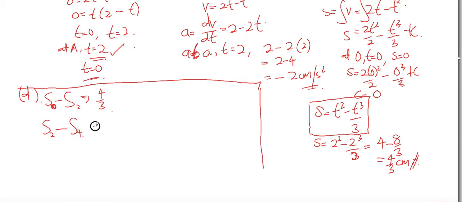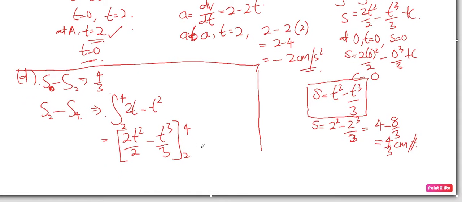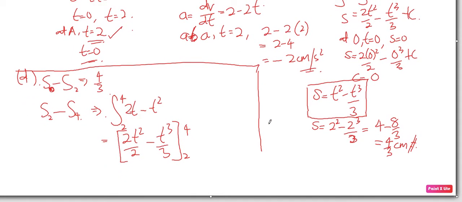To do this, I can integrate the velocity 2t - t², and this time the limits are between 2 and 4. So I'll get 2t² over 2 minus t³ over 3. Since they have given us the limits between 2 and 4, you don't have to worry about the c value.